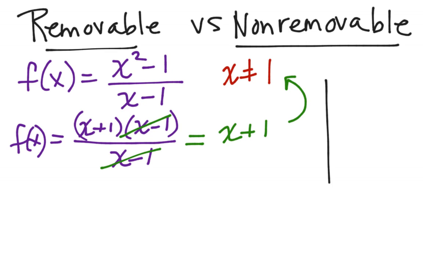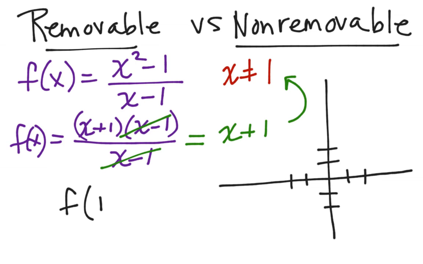Well, let's do a quick graph here. x plus 1 is pretty simple to graph, but I'm also thinking about what is happening if I want to find out what f of 1 is. So I can kind of draw a picture of it, actually.